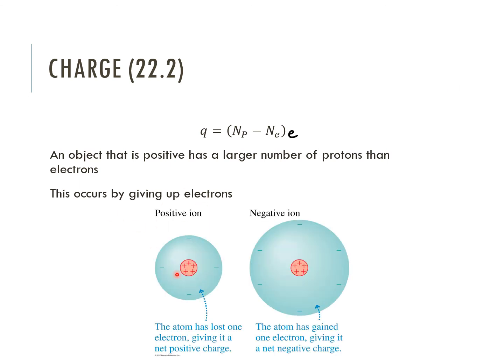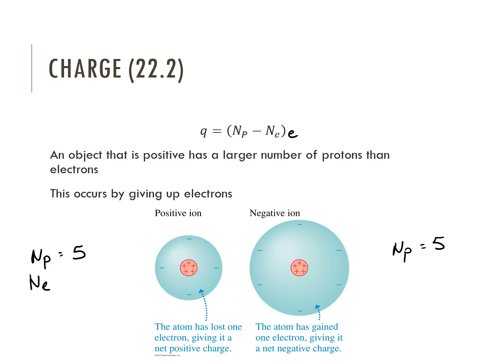So here we have a positive and negative ion. Again, in the middle of our object, we have our nucleus. In the case of both of our nuclei, we have 5 protons for both. Now we need to go through and look at the number of electrons.